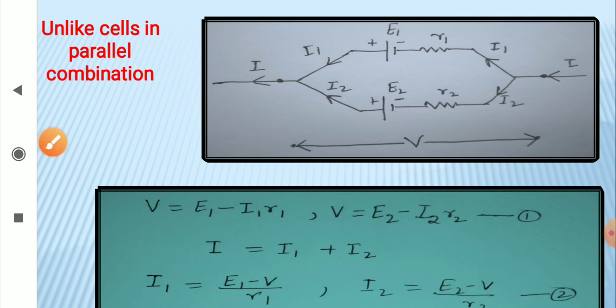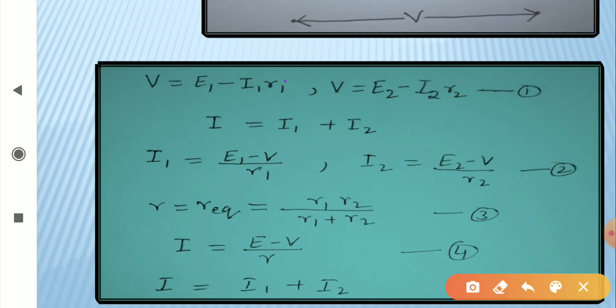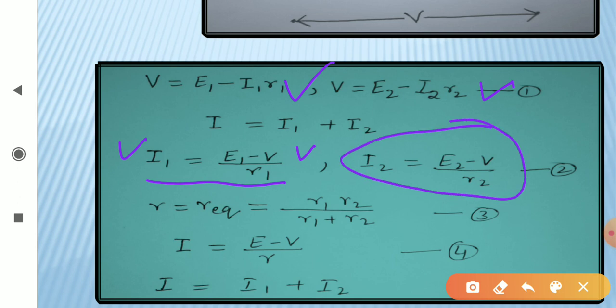And from this equation, if you change the sides, you get current I1 is equal to E1 minus V upon r1. You just change the sides and simplify, you get this relation. Similarly, from this equation, I2 is equal to E2 minus V upon r2, right?